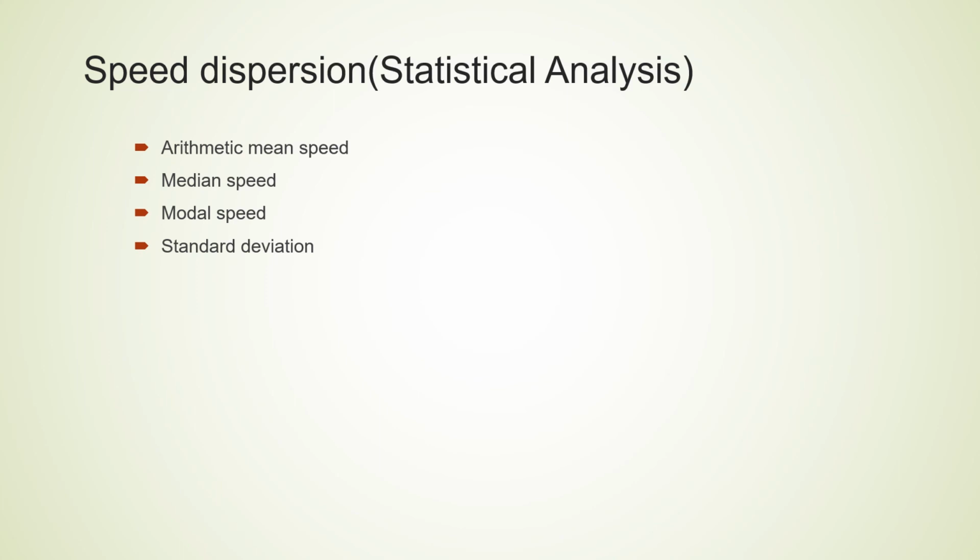Arithmetic mean speed you can calculate, median speed you can calculate, modal speed as described in the other graph can also be found out. Then you can find the standard deviation, which is the deviation of all those values of spot speeds from your mean speed. That is the measure given by the standard deviation. So all these things can also be expressed for spot speed studies as an analysis output.